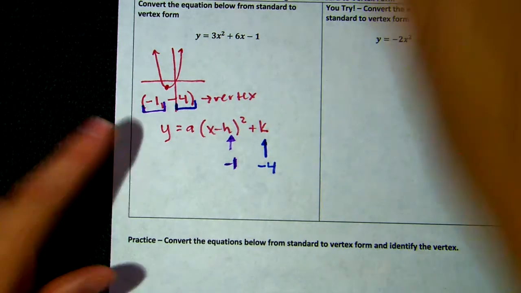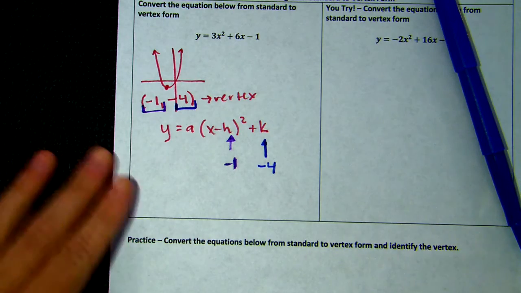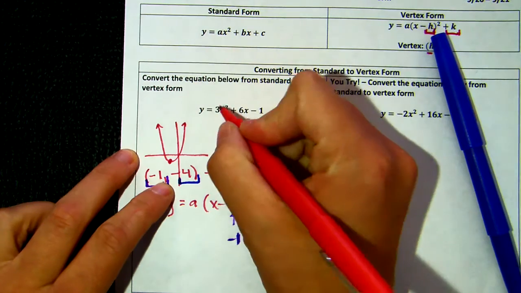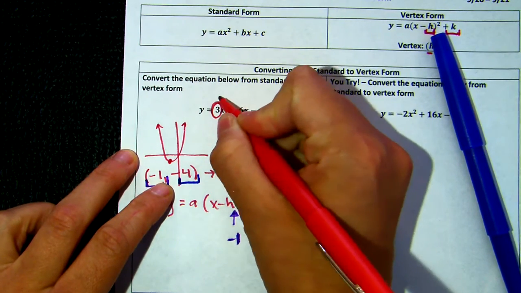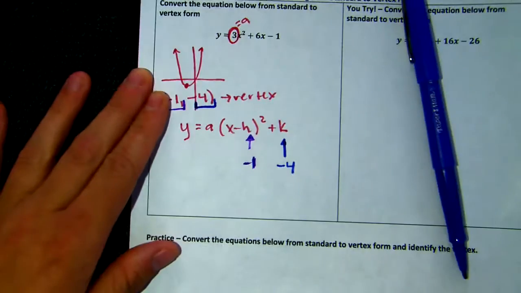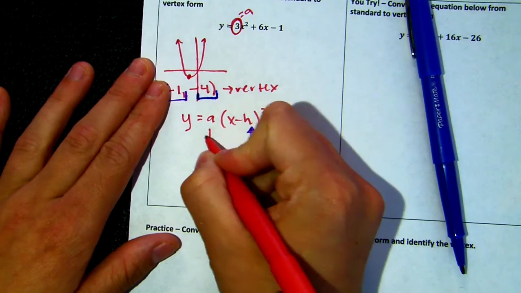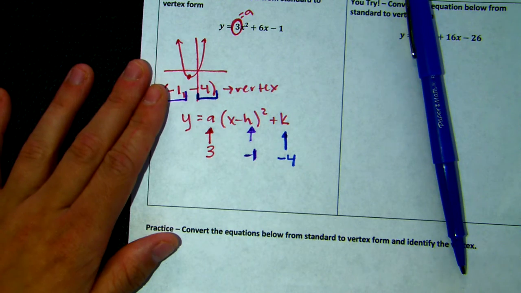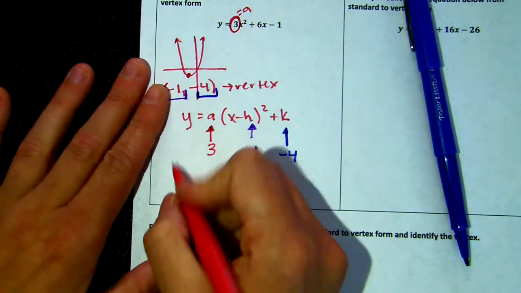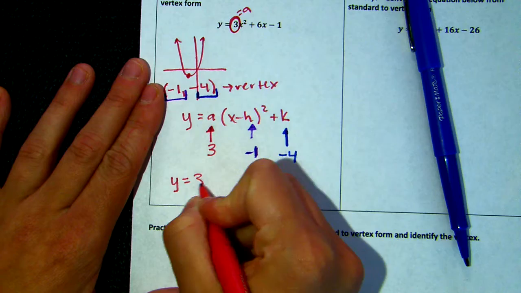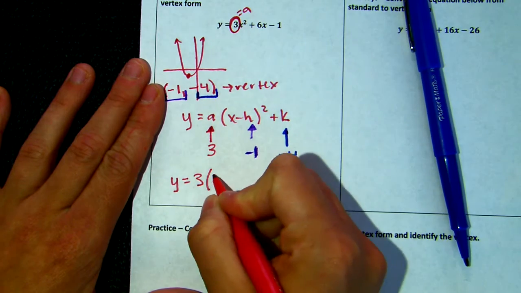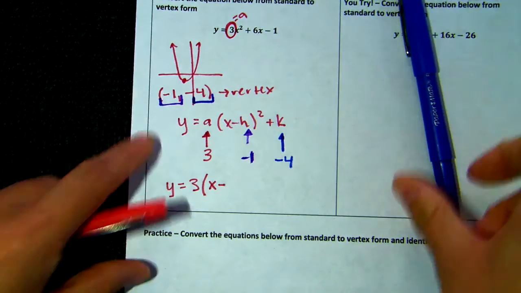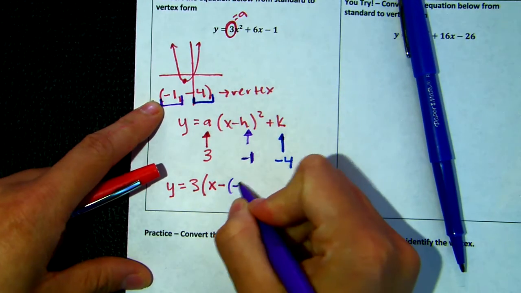And then finally, a comes from my original equation. Notice in standard form, a is the letter in front of x squared, so 3 is my a value. So what I'm going to plug in for a is 3. So from there, I'm just going to rewrite my final equation. I've got y equals 3. That's what I plugged in for a. X, because I didn't plug anything in for x, minus -1.